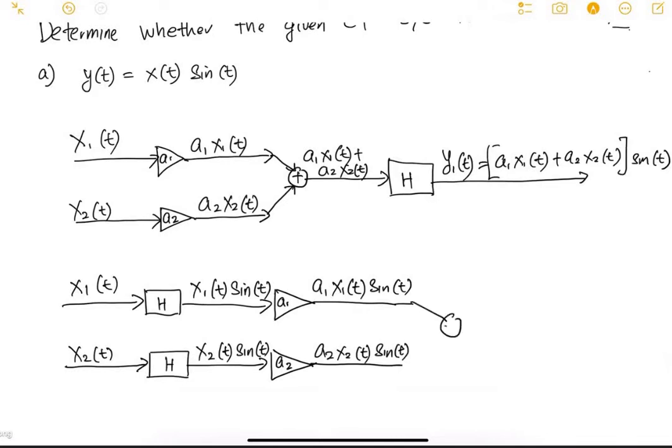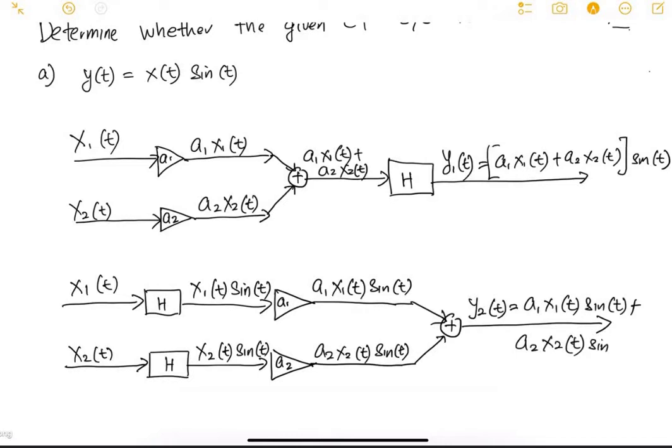Then you sum them to produce y2. So y2(t) equals a1 x1(t) sin t plus a2 x2(t) sin t.